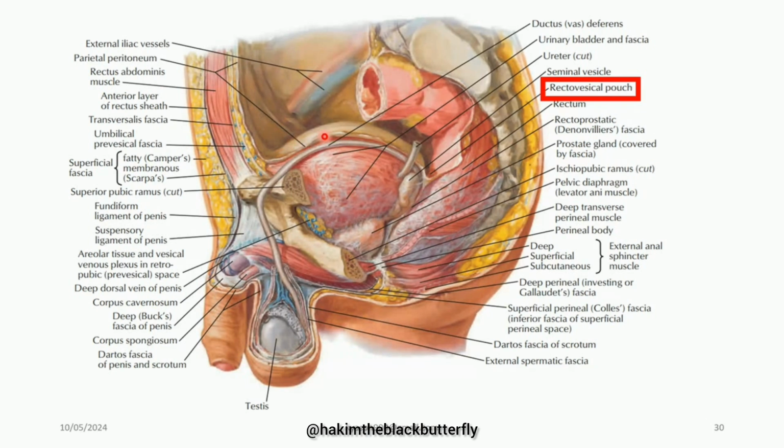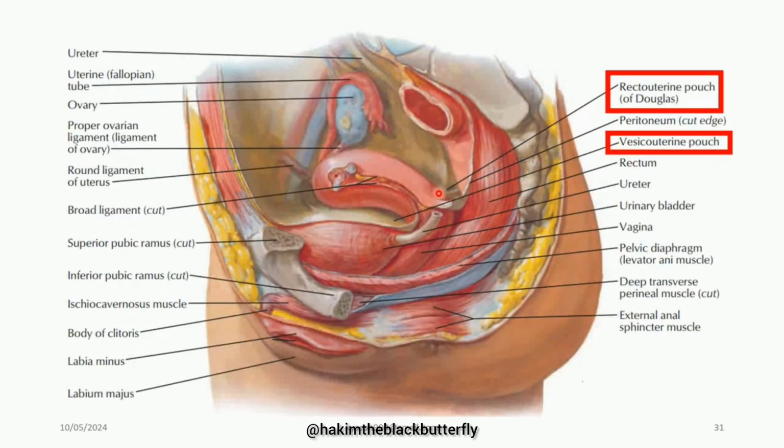It reflects on top of the urinary bladder and reflects onto the rectum, and we said this reflection creates a space that we are calling the rectovesical space or the rectovesical pouch there. Then in women, you said between the urinary bladder and the uterus, we have what we call the vesical uterine pouch, or you can call it the uterovesical pouch, it doesn't matter.